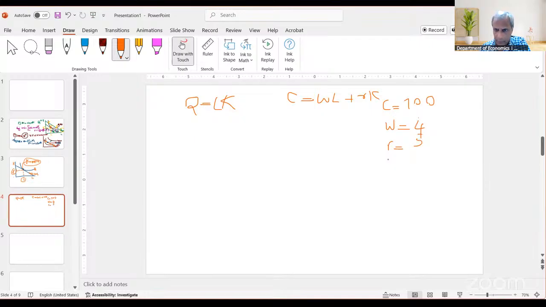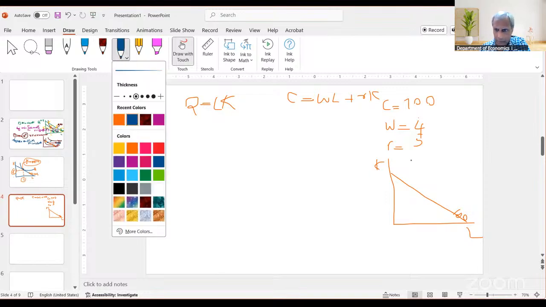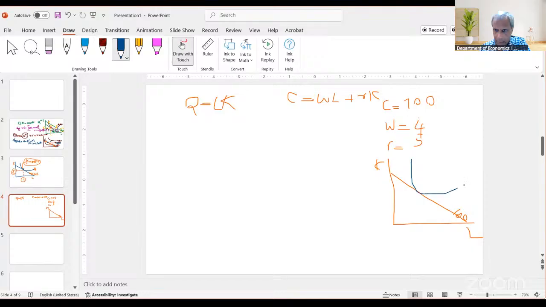Now, what we have, the isocost curve is given, $100. To find the optimal level, we have to go for maximization. So find Q, this amount.